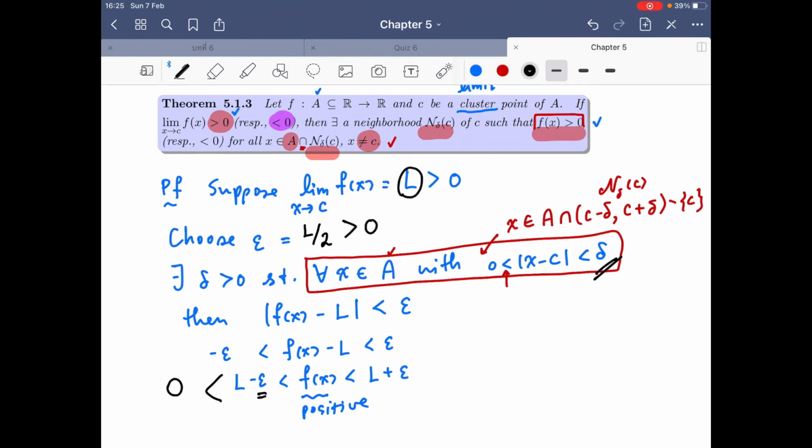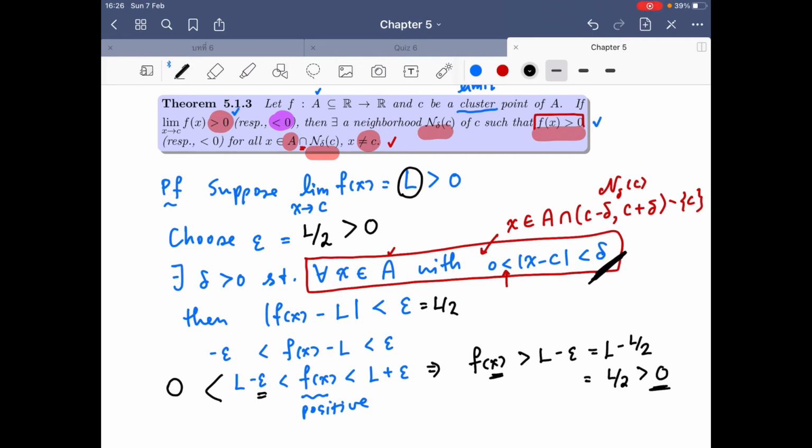Then if your epsilon is L over 2, f(x) will be greater than L minus epsilon, which is L over 2, which is again positive. So if your x satisfies this condition, the function value will be positive.